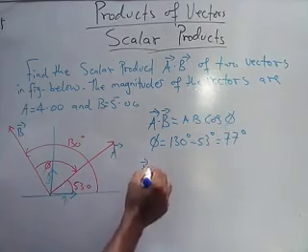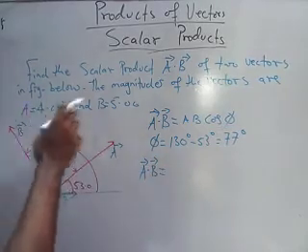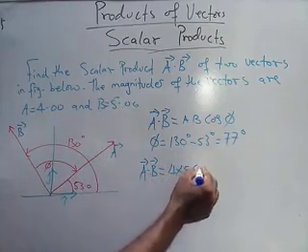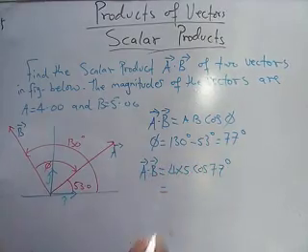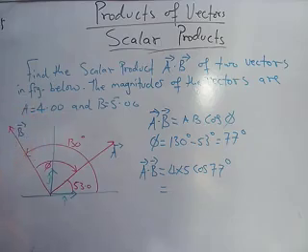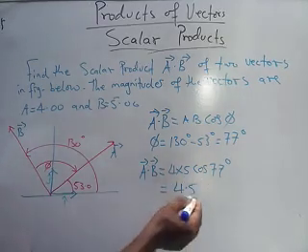So vector A dot vector B is 4 times 5 cos 77 degrees. You can compute it in your calculator and you will have the value, which should give around 4.5, right? 4.50.